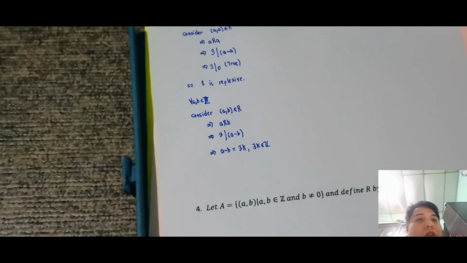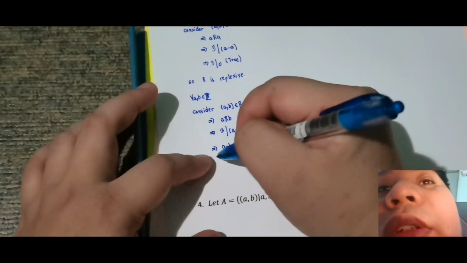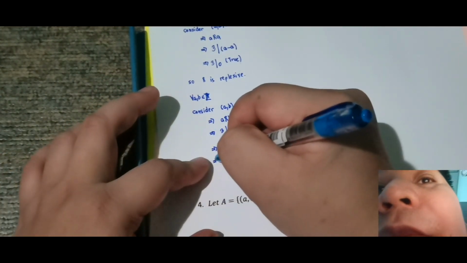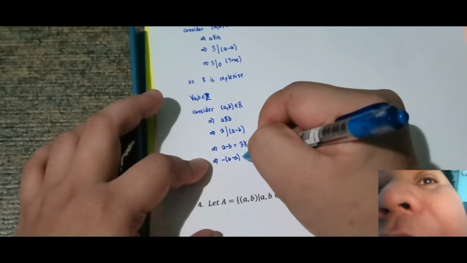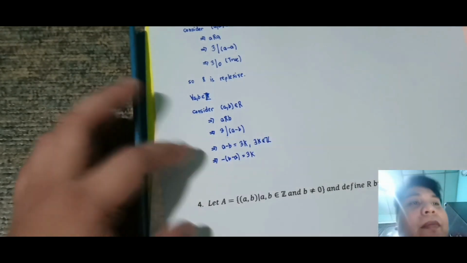Ngayon, ang gagawin ko, ang goal natin kailangan maging B minus A. Kasi 3 divides B minus A yung goal natin. So, ang gagawin ko, ilalabas ko dito yung negative. So, magiging negative of B minus A is equal to 3K. Okay?